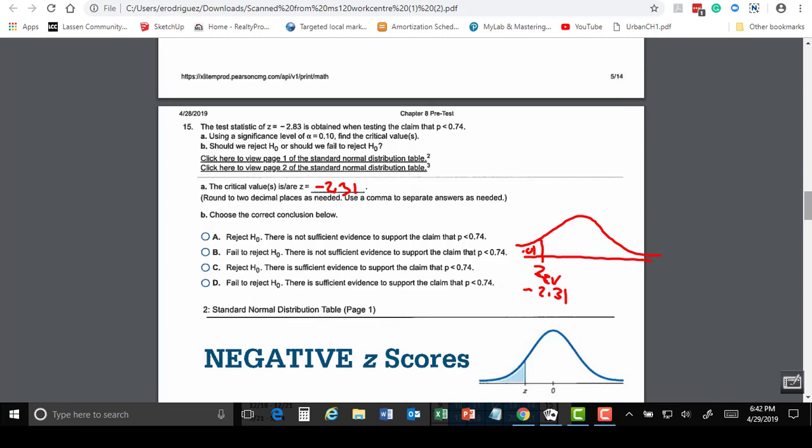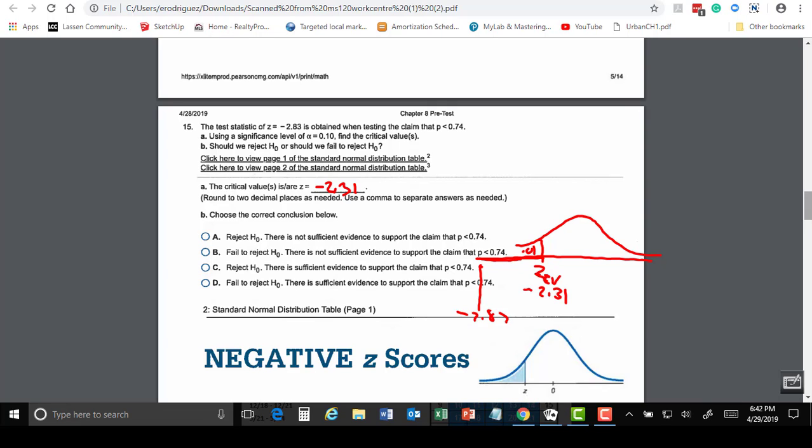Oh, they gave us a test statistic. See it? But that's hitting over here, minus 2.83. So if that test statistic is here, it's hitting in the reject zone, right? This is our critical value.